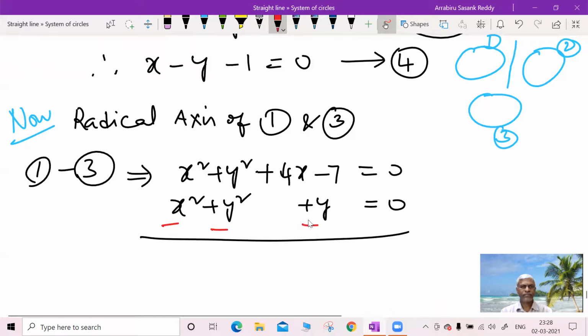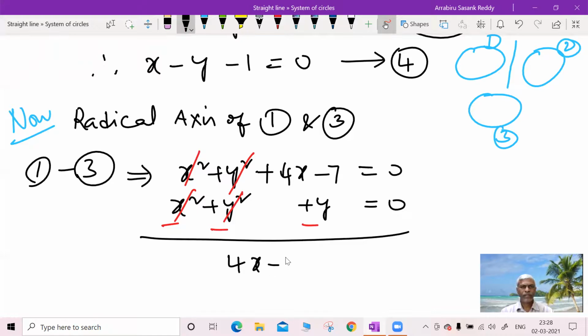Subtracting, x square, y square will get cancelled. So 4x minus y minus 7. Let us call it equation 5.